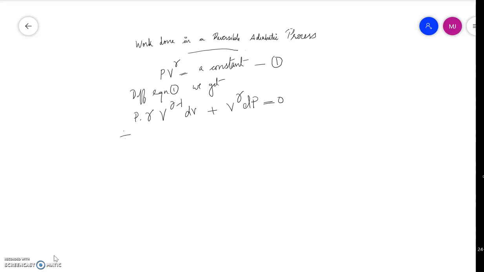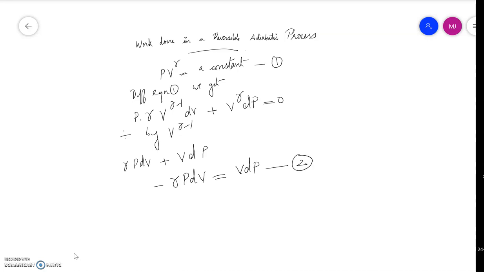Now we divide the above equation throughout by V raised to gamma minus 1. So what we will get is gamma P dV plus V dP, or we can write minus gamma P dV, that is equal to V dP.